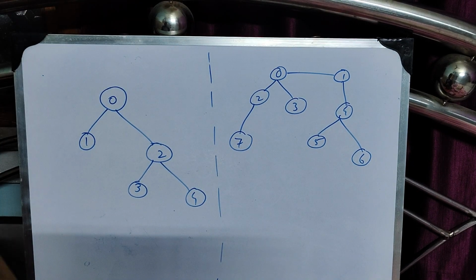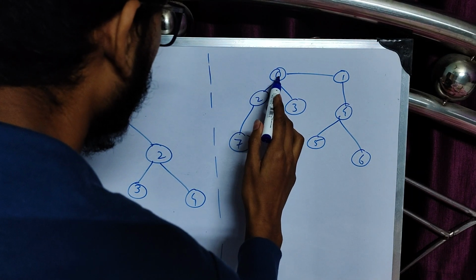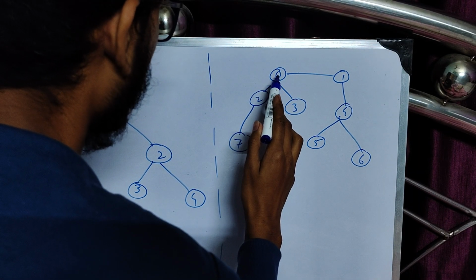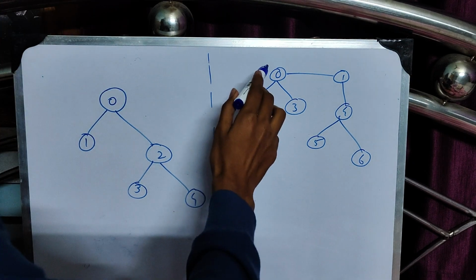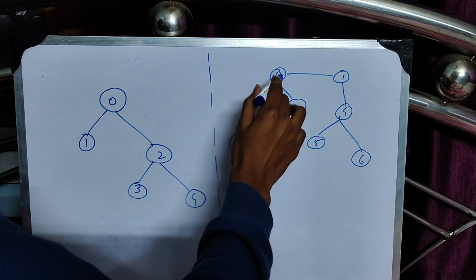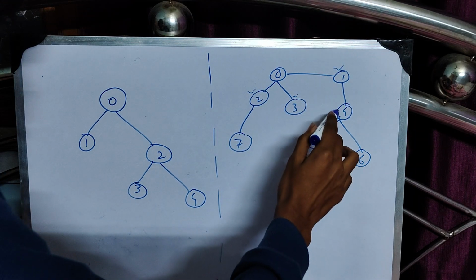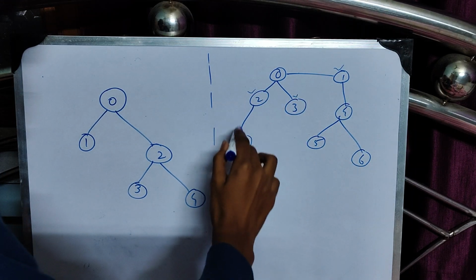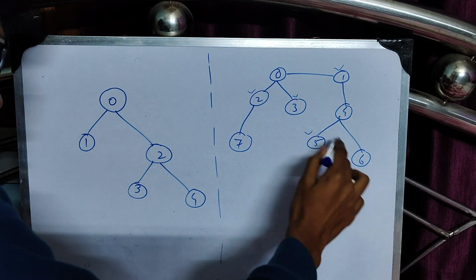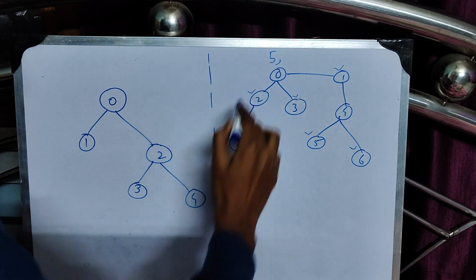Okay, so how many odd targets are present here? So this is even, odd, odd, odd, even, even, odd, odd. 1 2 3 4 5. 5 odd targets are present.